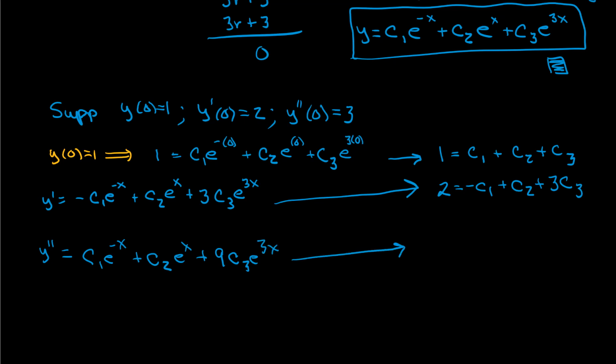As with the previous two equations, I'm now going to substitute in the x value, in this case it's 0, and the y value of 3. So that gives me an equation. 3 is equal to c1 e to the negative 0, which is 1, plus c2 e to the 0, which is 1, plus now we're going to have 9 times c3.